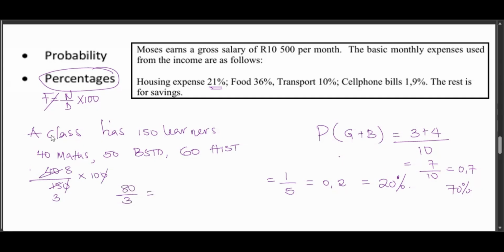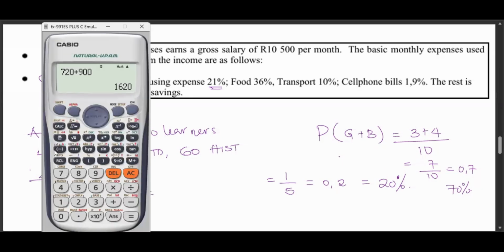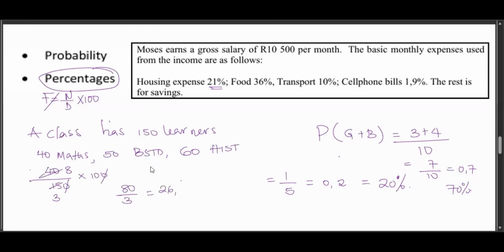So we are saying 40 divided by 150 times 100, you get 80 over 3, which is 26.66 percent. This is the percentage of those who do mathematics. You see that? So it goes on and on.